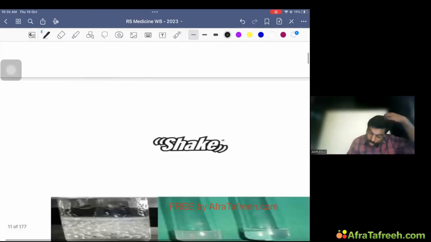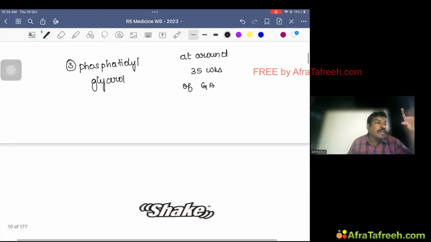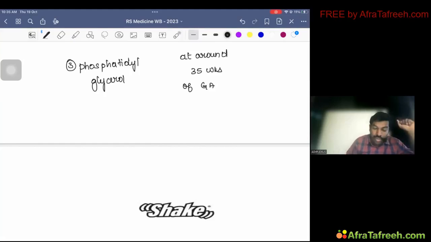So how are you going to do this? You take the amniotic fluid and put it in a test tube. It contains protein. When you shake the protein, it will form bubbles.